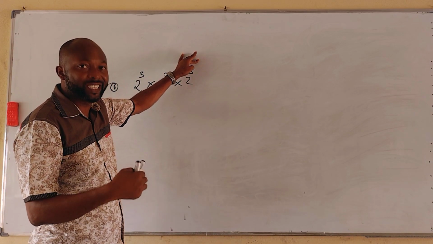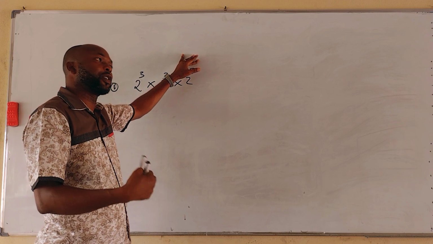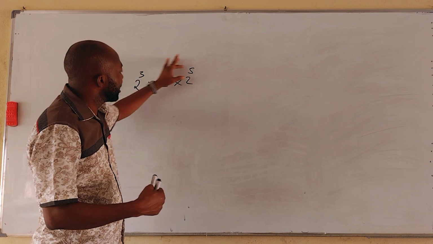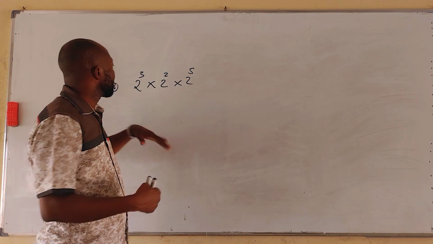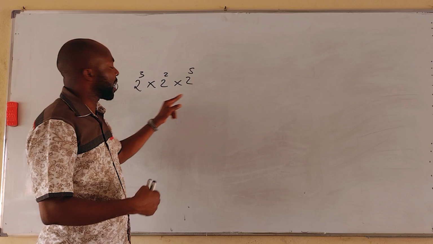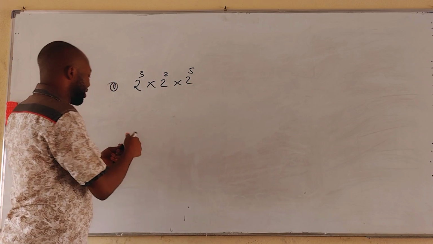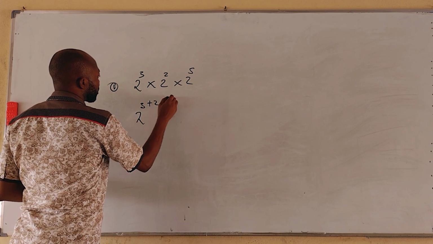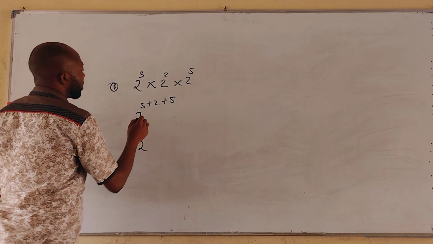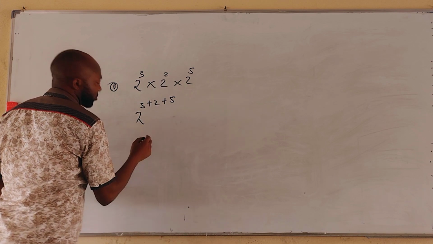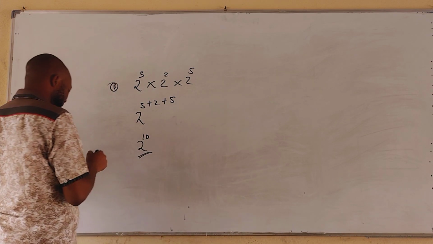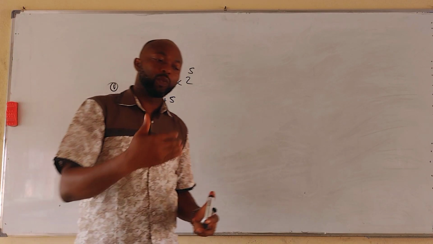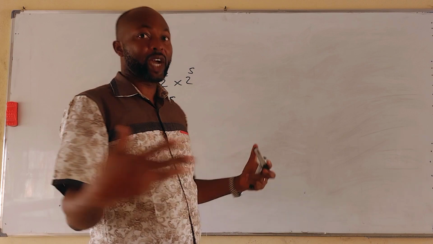That is why we call it indices. We focus more on the power, which is the index. So when numbers with equal bases are multiplied, their powers are added. Then we will have 2 raised to the power 3 plus 2 plus 5, and this is 2 raised to the power 10 as our answer. So the multiplication law is direct. Whenever you multiply numbers with equal bases, we add the powers.